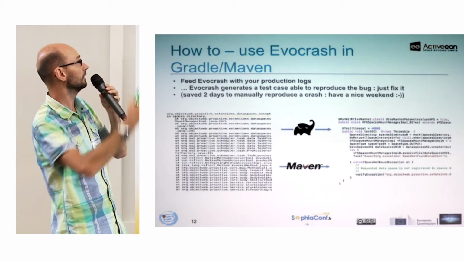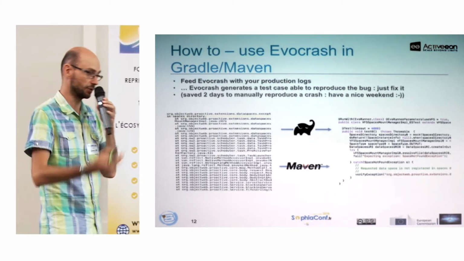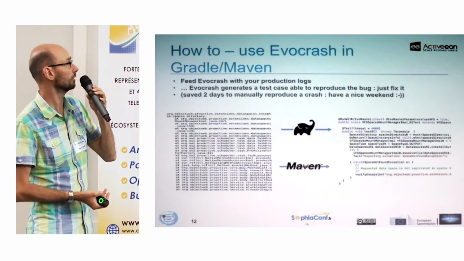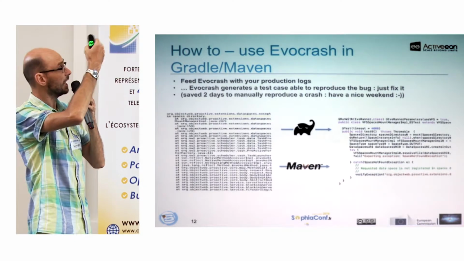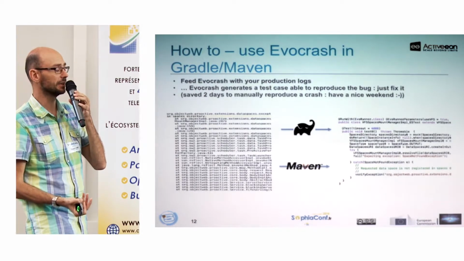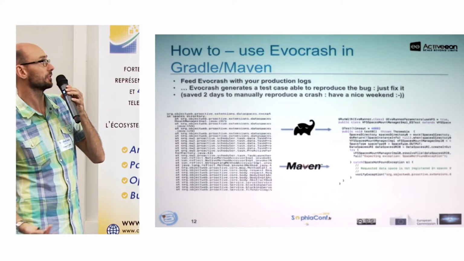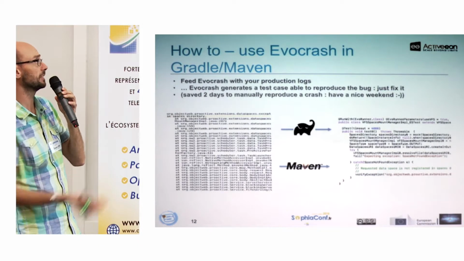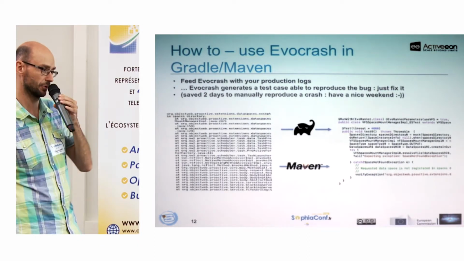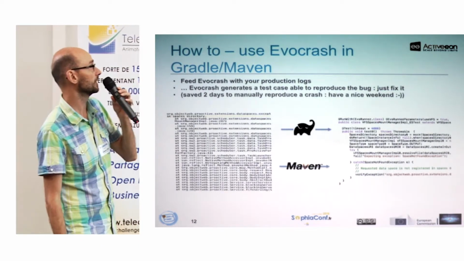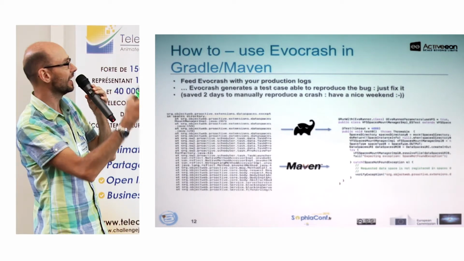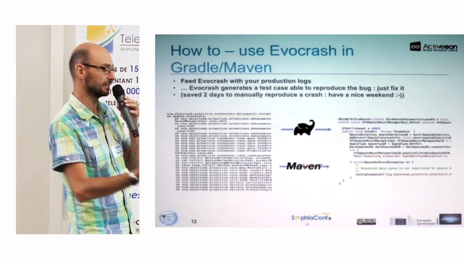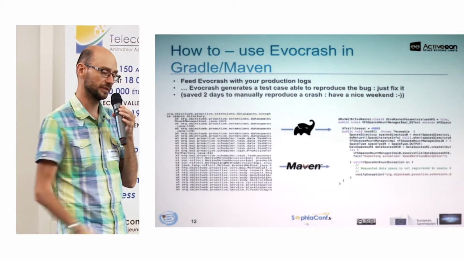We have a stack trace that comes from a client that uses our platform, and we apply it on EvoCrash through the Gradle plugin that we have ourselves done, and it gives us the test that corresponds to this crash.